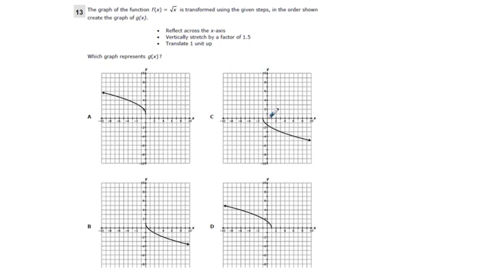Well, the cube root function is, I'm just going to draw, it's going to look something like this. And if you're reflecting about the x-axis, it's not going to be answer choice A, nor is it going to be answer choice D, which reflects about the y-axis. Okay, so now we're between answer choices C and B.